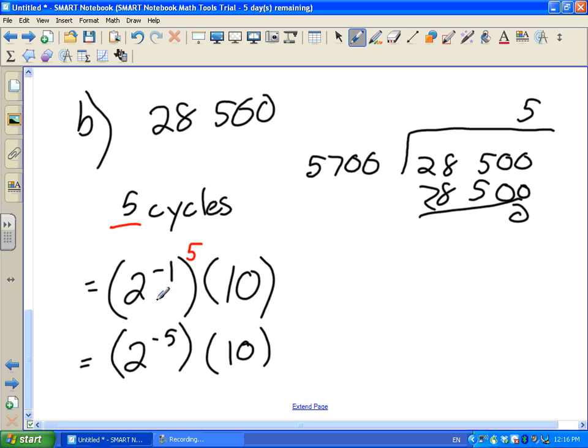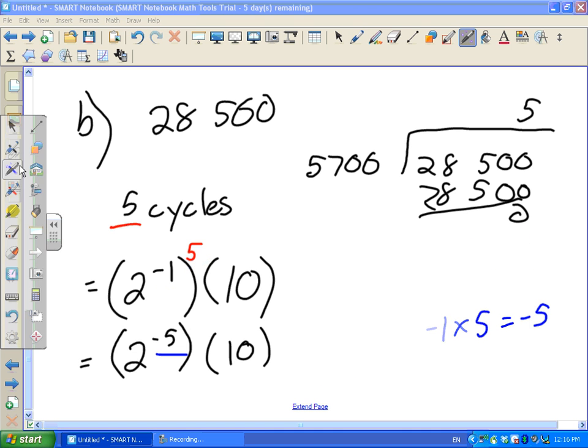When there's an exponent to the power of an exponent, it just becomes x to the a times b. So I multiplied negative 1 by 5, which is negative 5, and replaced the exponent with negative 5.